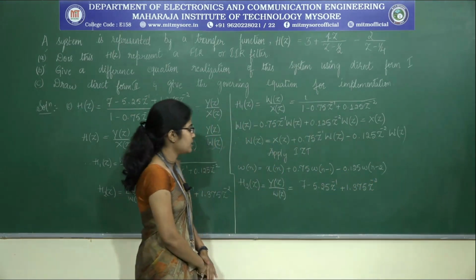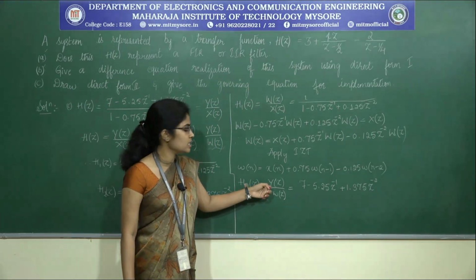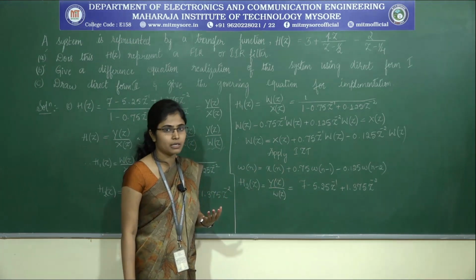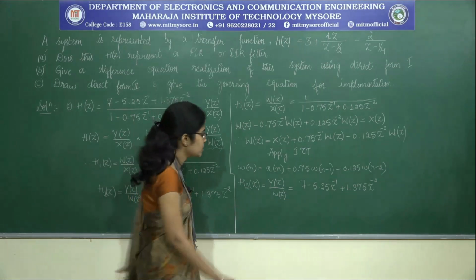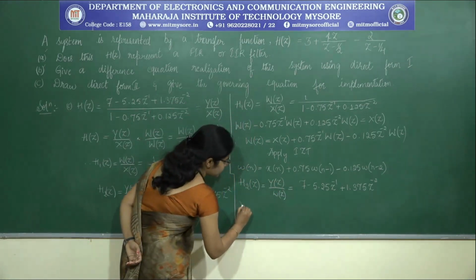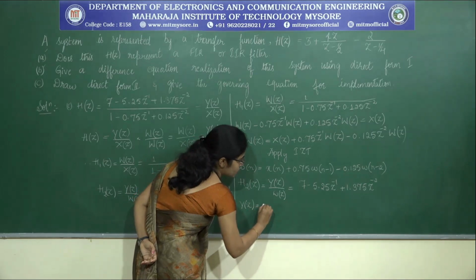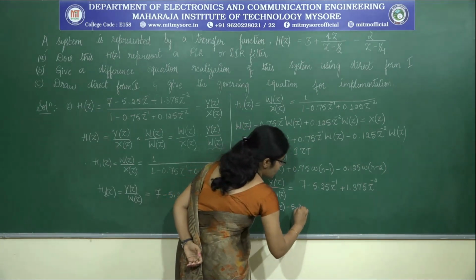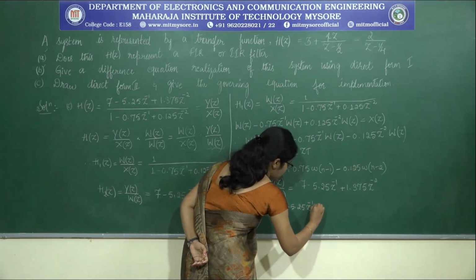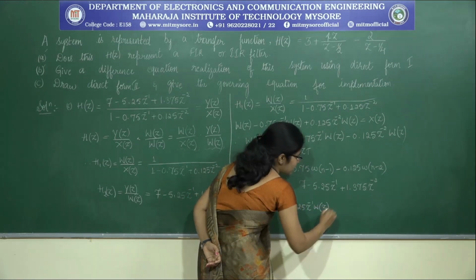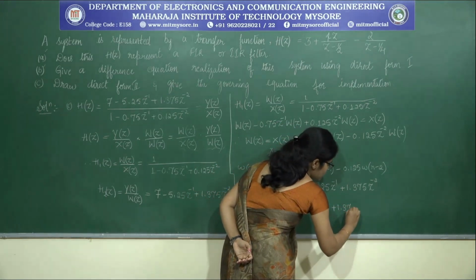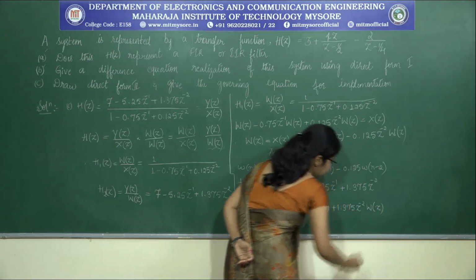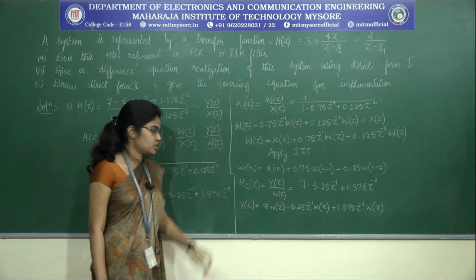Now, here I need to find out the expression for y of z, then with the help of the expression of y of z, I can find out y of n, which is nothing but our output equation, that is the difference equation. So, for that let us cross multiply. So, y of z will be equal to 7 into w of z minus 5.25 into z power minus 1 into w of z plus 1.375 z power minus 2 into w of z. Clear? Now, we got the expression for y of z.